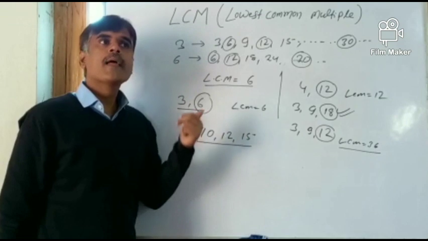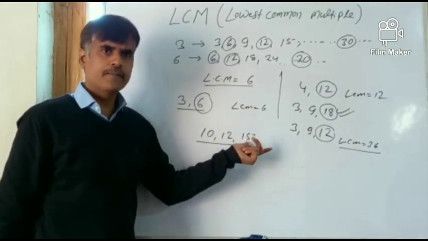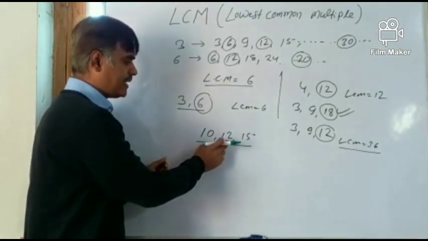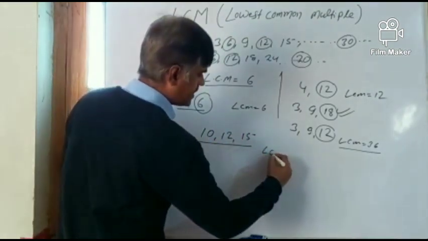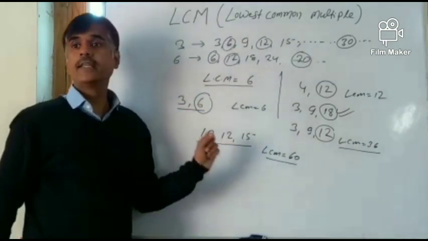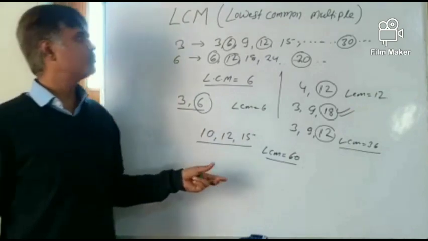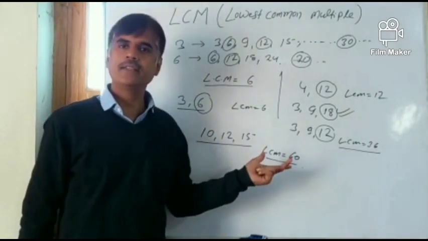Not divisible. 15 4 is 60. 60 is divisible by this and this. Therefore, the LCM is 60. This was the trick for finding the LCM. These are very simple tricks you can use to solve any type of question where you have to find the LCM.